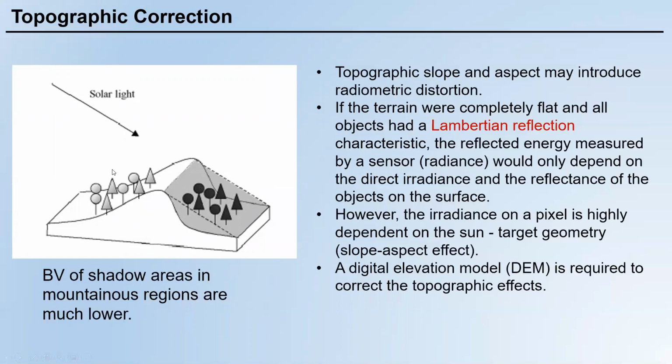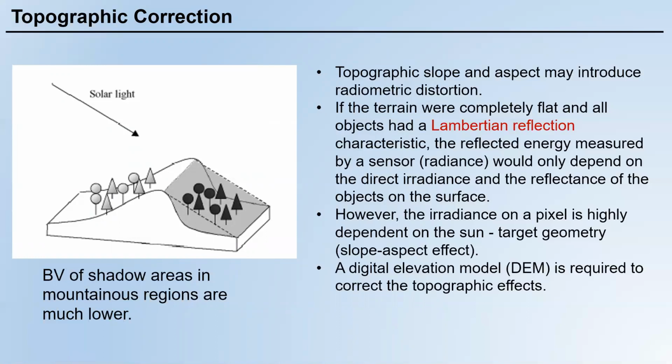You can imagine that even though the land cover type is the same vegetation, the side facing the sun has relatively higher reflectance. The other side of the hill is in shadow, so its reflectance is lower, that's for sure. But this is not something we want, because they are all vegetation. No matter the left side or the right side of the hill, they should have the same reflectance in different bands.